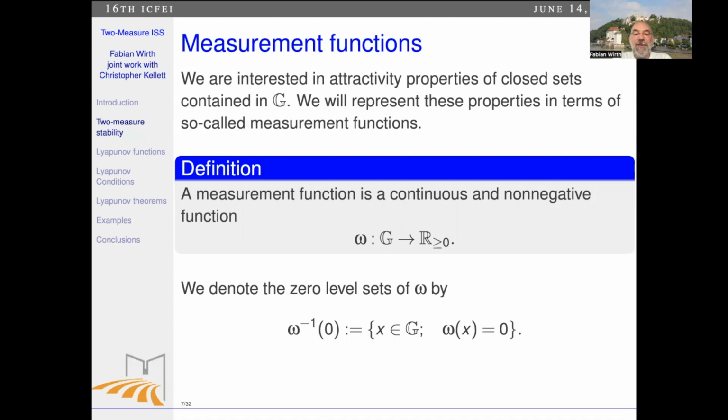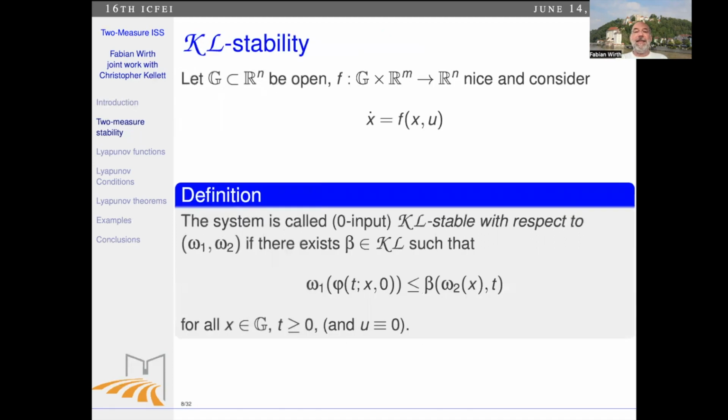And just to fix notation, what will be important several times will be the zero level set. So that I'll write as omega inverse of 0. So that's the set of points that are mapped to 0. Standard notation, but just so that it's fixed.